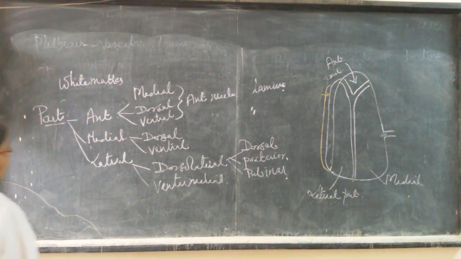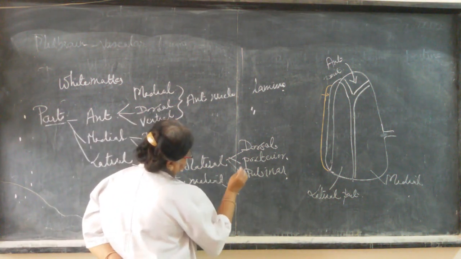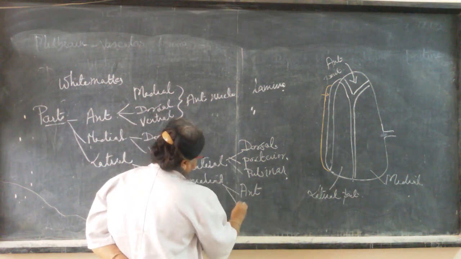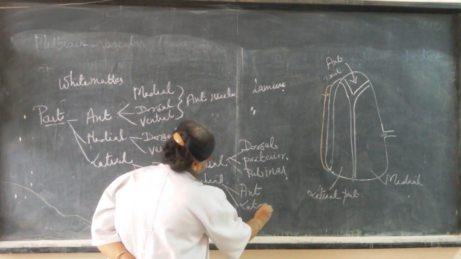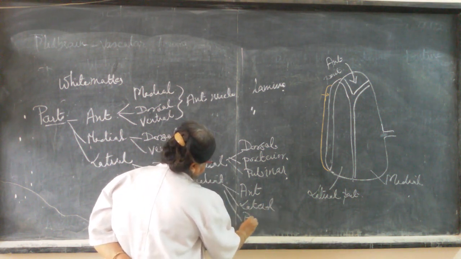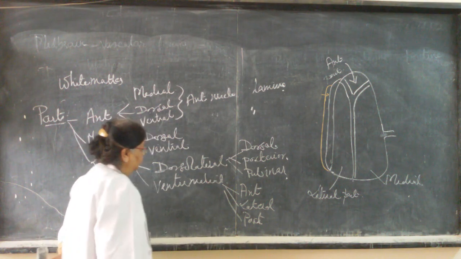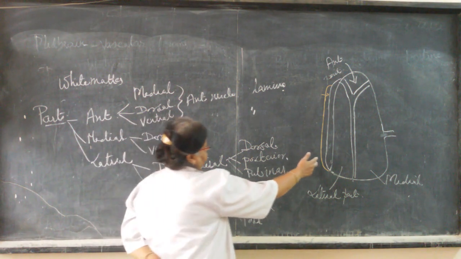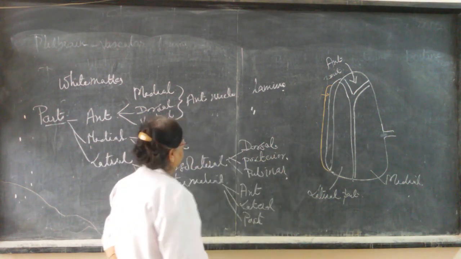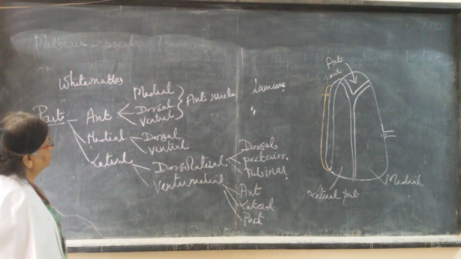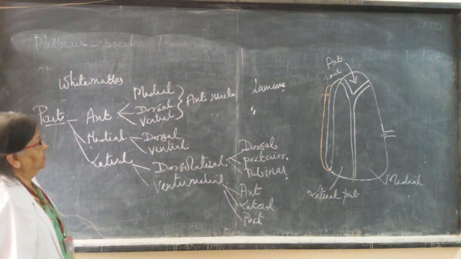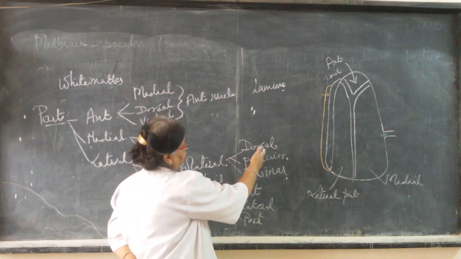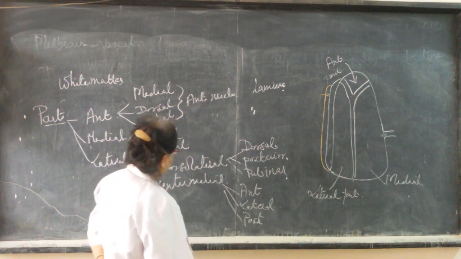The ventromedial is subdivided into three groups: the anterior, lateral, and posterior. We can subdivide the ventromedial part of the lateral group in this part. This part has been divided into two groups, the dorsolateral and ventromedial. Dorsolateral has three groups of nuclei: dorsal, posterior, and pulvinar, according to their position.